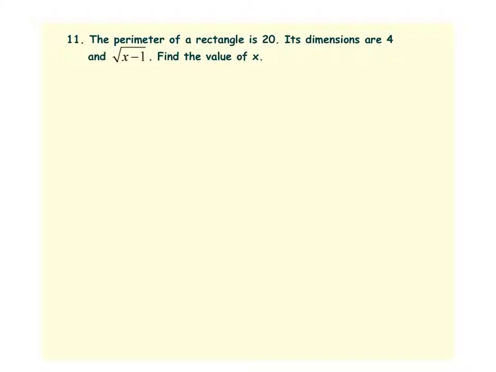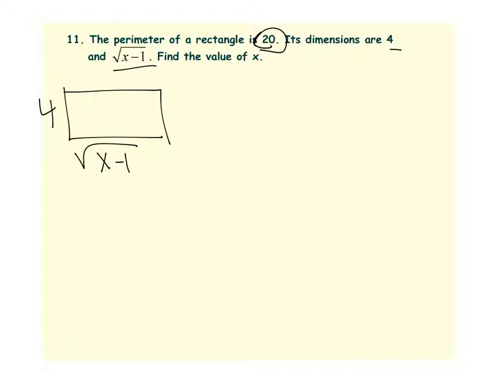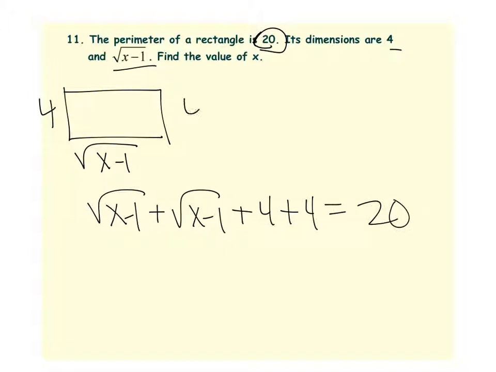All right, so the perimeter of a rectangle is 20. Its dimensions are 4 and square root of x minus 1. Find the value of x. So the perimeter is 20. Dimensions are 4 and square root of x minus 1. So that's going to be square root of x minus 1 plus square root of x minus 1 plus 4 plus 4 equals 20.